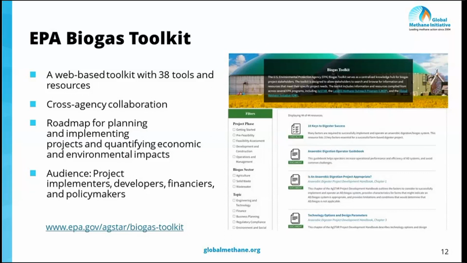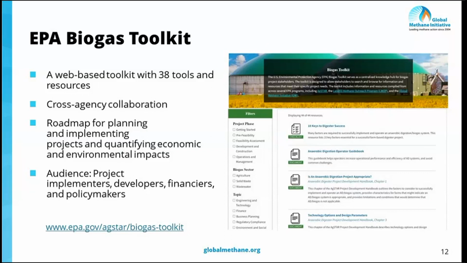So some of the tools that I just mentioned are housed in US EPA's Biogas Toolkit, which you can see here. The Biogas Toolkit is a compendium of resources, and it was created as part of our work on methane mitigation through GMI, but also through some of our domestic voluntary programs as well.